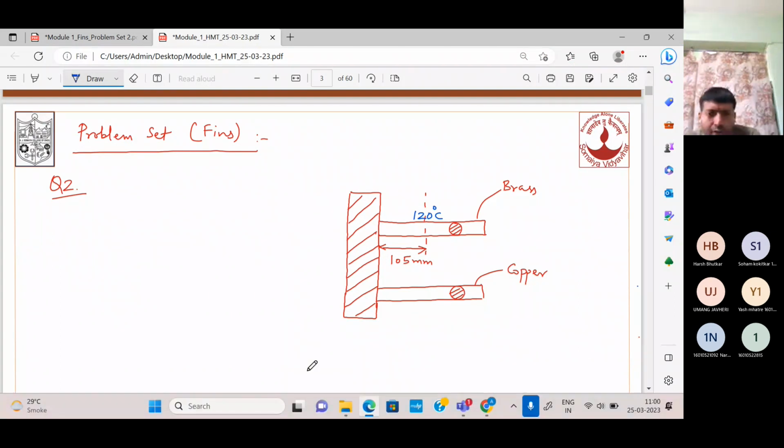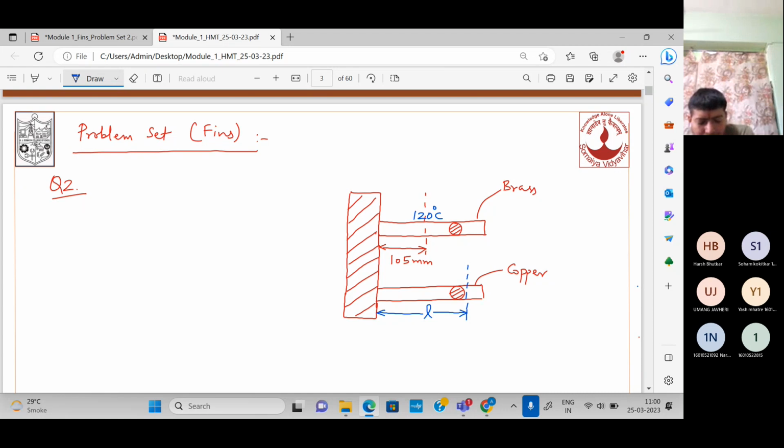So the question is at what distance from the furnace end the same temperature would be reached in the copper rod. Suppose at L distance the same temperature is achieved. This distance we have to find.